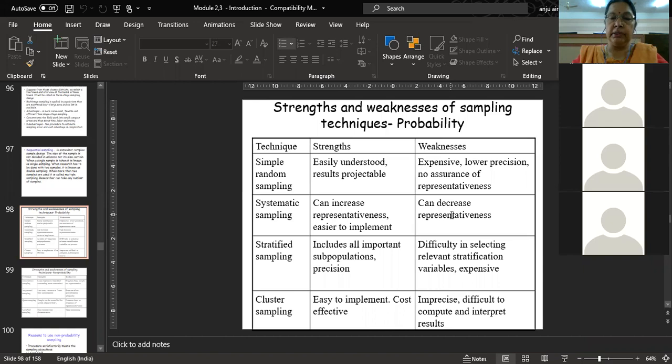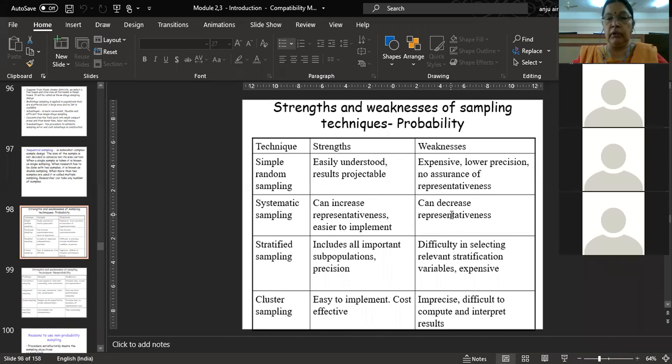Then what is stratified sampling technique? You can divide your population precisely into subgroups or subpopulations, which is known as strata. So that is its strength. So you get a more precise sample, you get a more accurate sample. What is the weakness? When you are stratifying the population on various characteristics like demographic variables, you can take, like, age, gender, income, occupation.